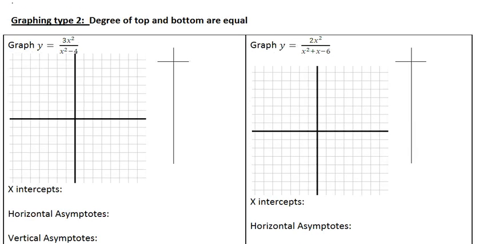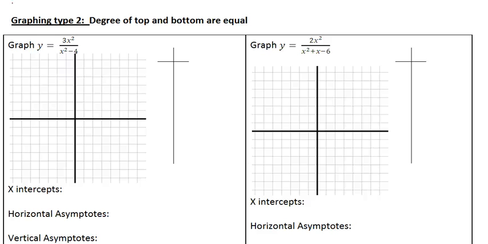Now we're going to graph when the degree of the top and the degree of the bottom are equal. If you look at this first one here, both of them are x squared. So that's what I mean by degree of top and degree of bottom are equal. Let's find our x-intercept, horizontal asymptote, and vertical asymptotes.